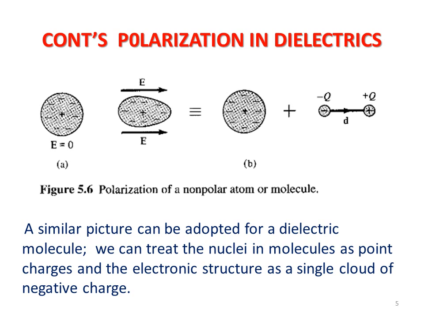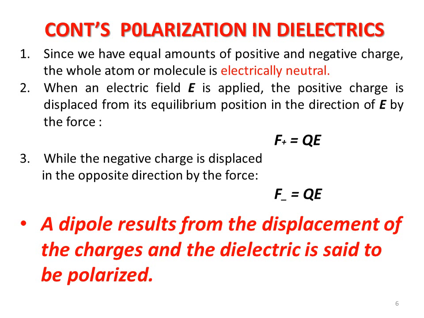Polarization of a non-polar atom or molecule: a similar picture can be adopted for a molecule. We can treat the nuclei in molecules as point charges and the electronic structure as a single cloud of negative charges. You can see negative charges are attracted towards the positive charges. Since we have an equal amount of positive and negative charges, the whole atom or molecule is electrically neutral.